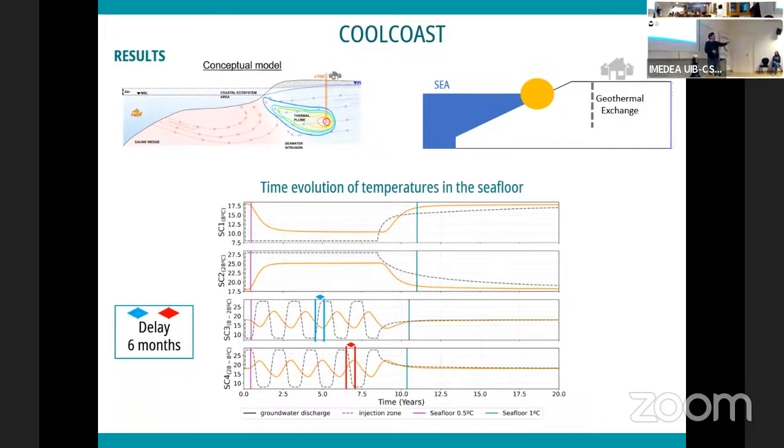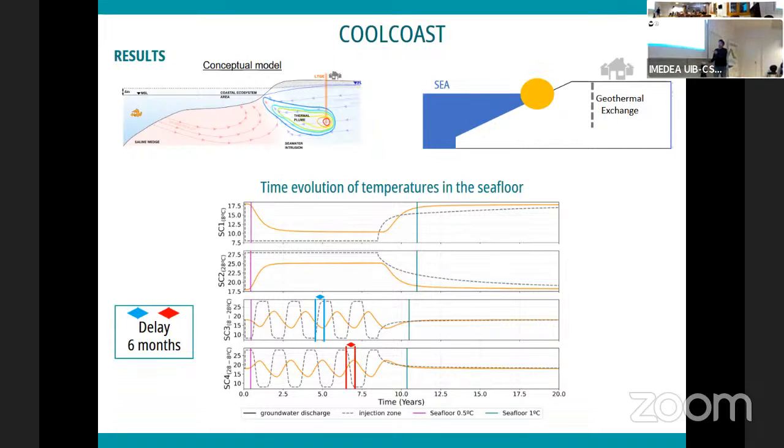What happens when we play with 8 degrees and 28 degrees? We are injecting hot, 28 degrees, and then lower temperature arrives at the seafloor. And the opposite: if we inject 8 degrees, more temperature than the initial temperature arrives.